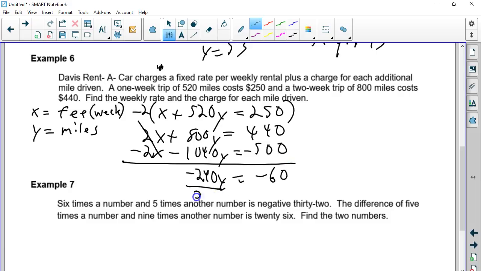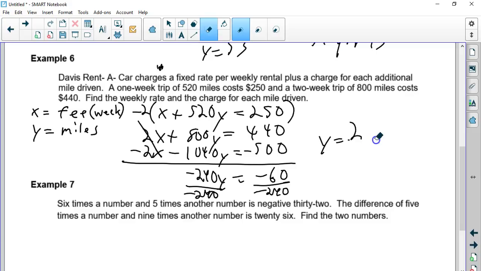Now I'm going to divide by negative 240 and get 0.25. So y equals 0.25. So that's the cost per mile.